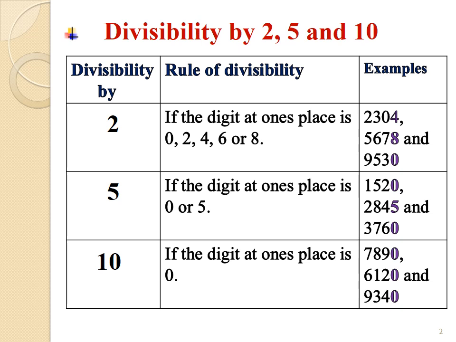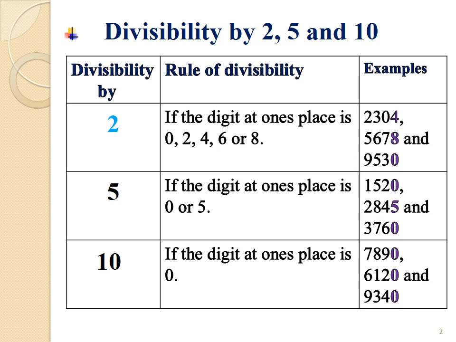Divisibility by 2, 5 and 10. Divisible by 2: a number is divisible by 2 if it is an even number, that is, the digit at its ones place is 0, 2, 4, 6 or 8.